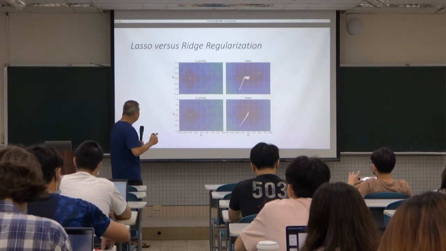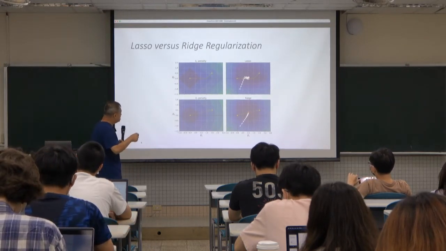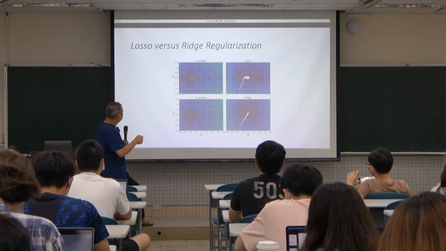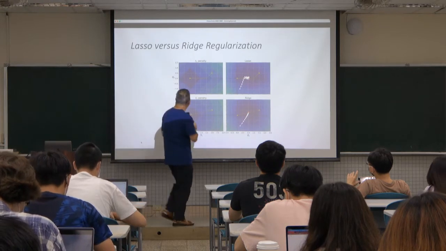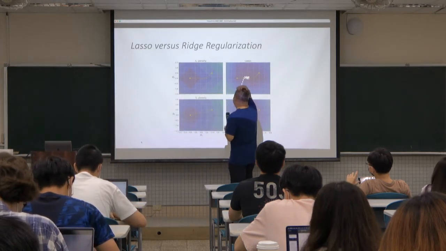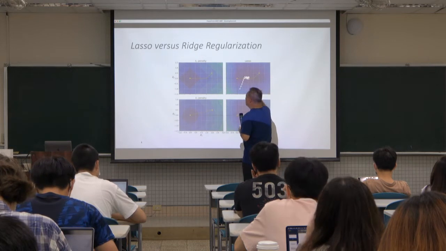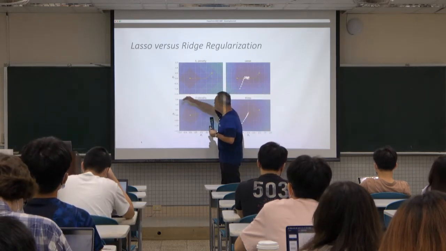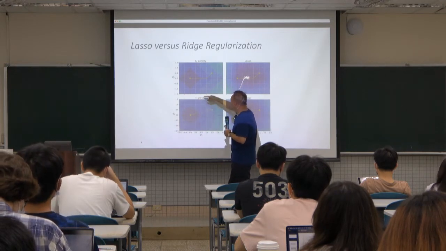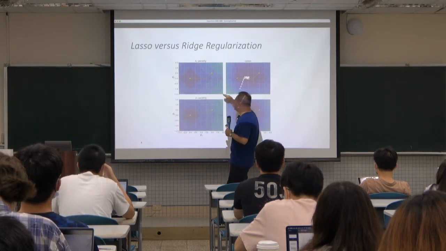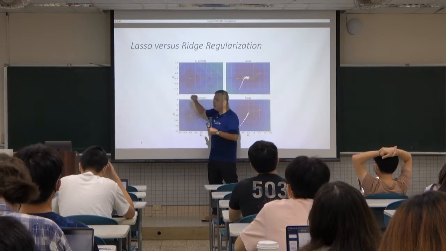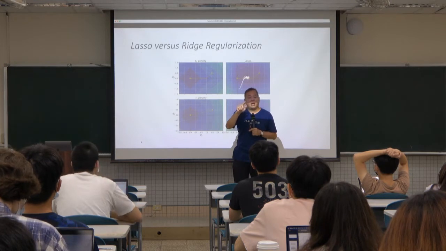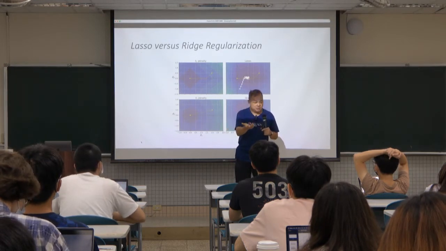These figures actually show you the differences between lasso and ridge. First, I want to tell you that the x-axis and the y-axis represent two different parameters or two different features.